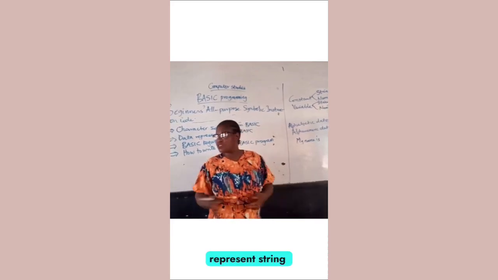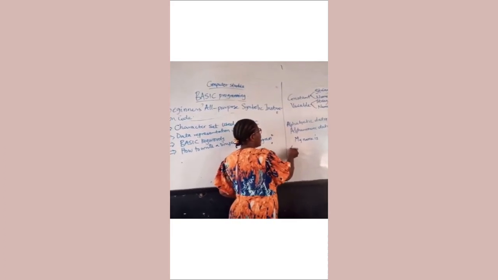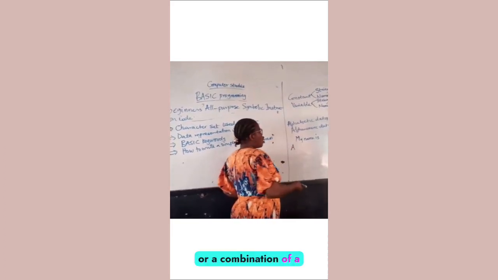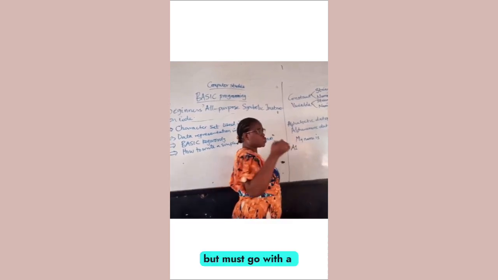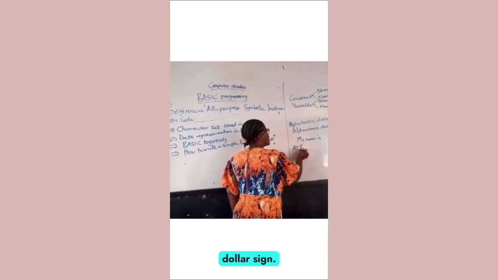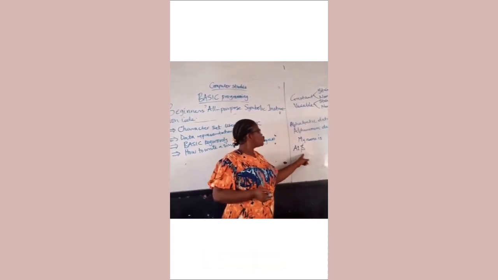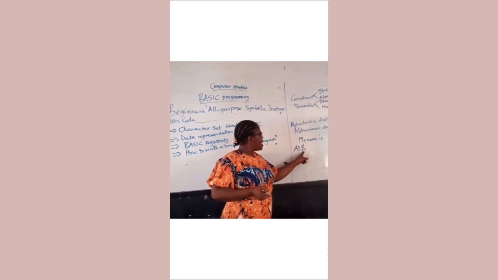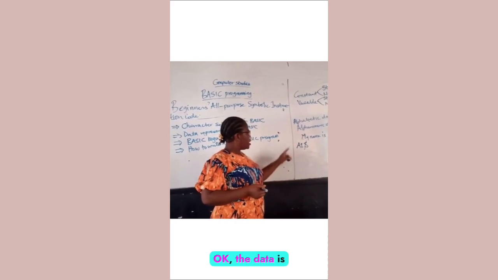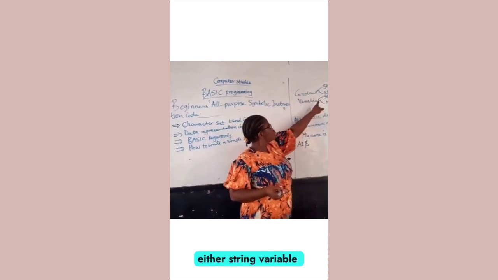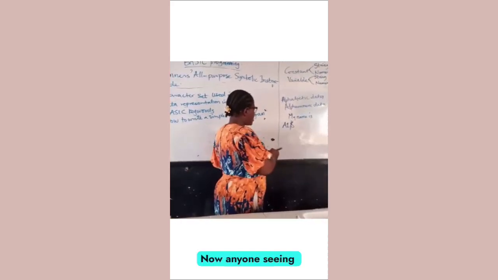And how do we represent string variable? String variable can be represented using either a letter or combination of a letter and a number, but must go with a dollar sign. Must go with what? A dollar sign. So this dollar sign makes anyone that sees your program to know that, okay, the data is either string variable or string constant.